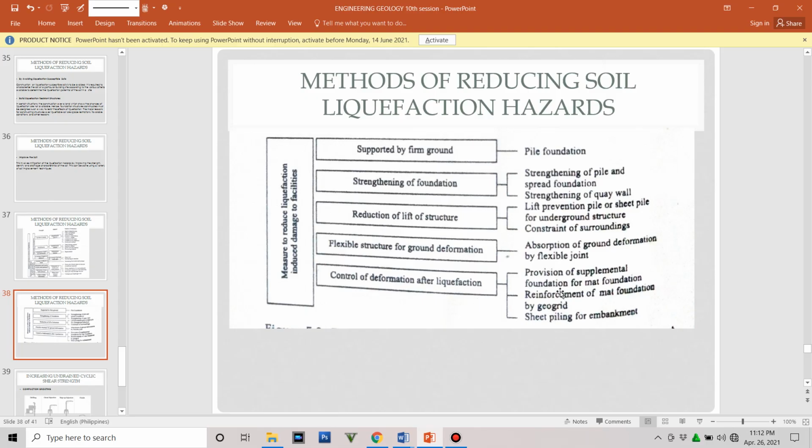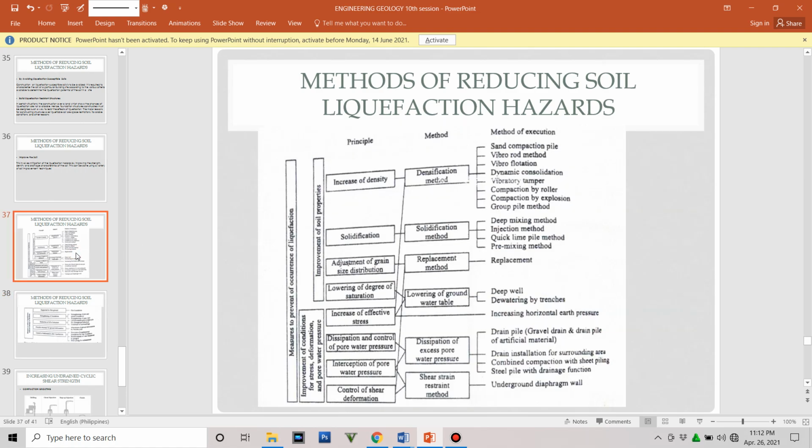We have these methods: provision for supplemental foundation for mat foundation, reinforcement of mat foundation by geogrid, sheet piling for embankment. So this is a good reference for us. Ano bang gagawin natin? So may mga principle dyan, may mga method, at yung method of execution.